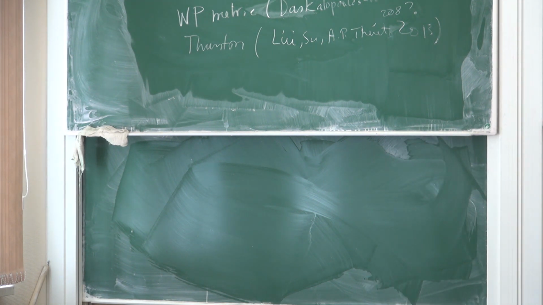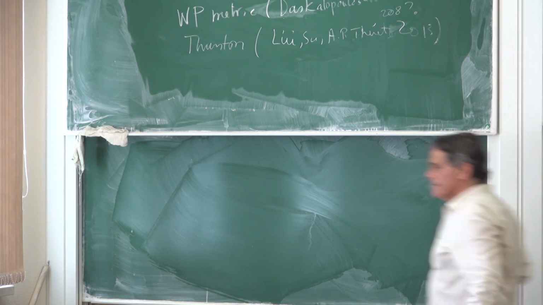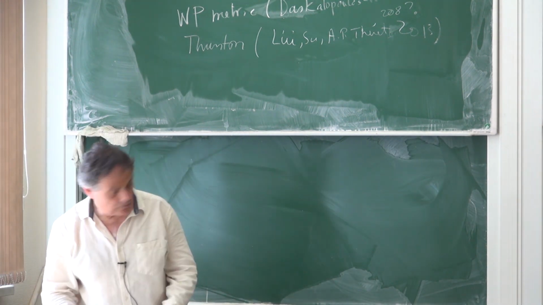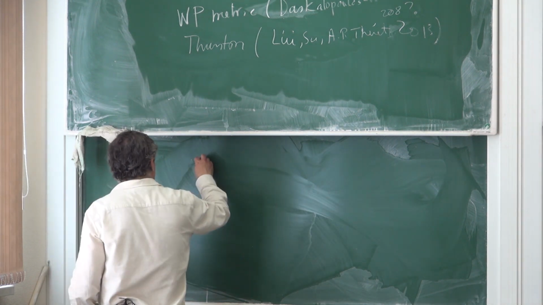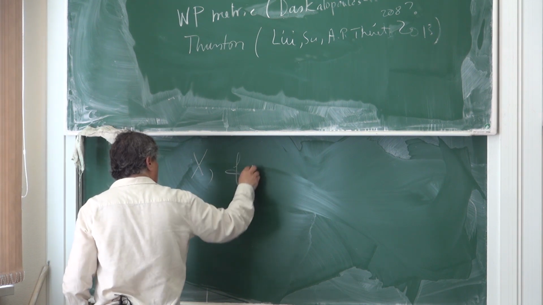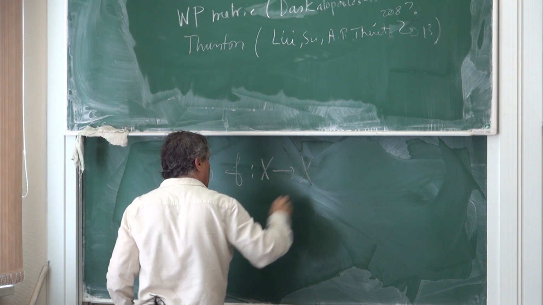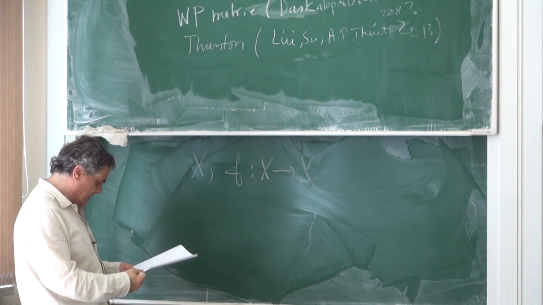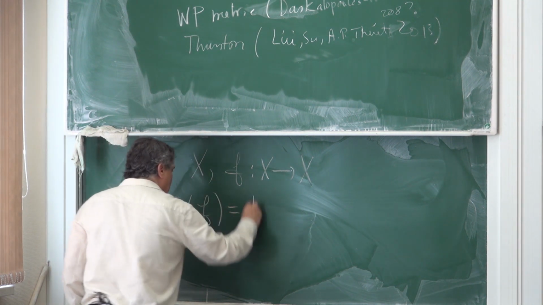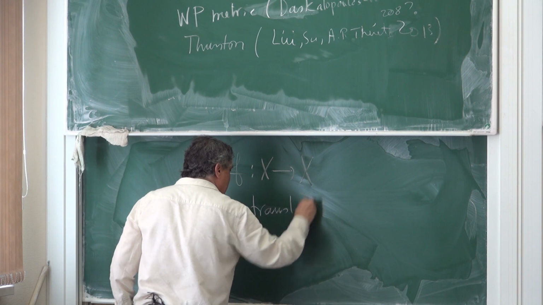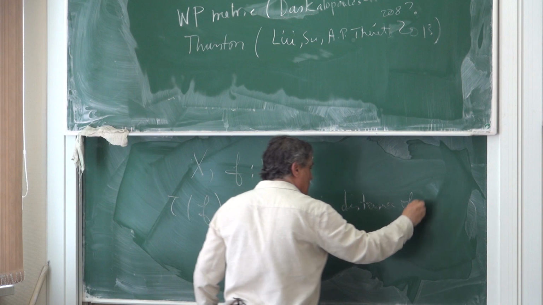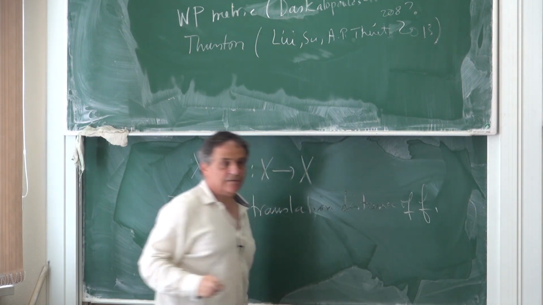You have a metric space, say X, and then you have F, a homeomorphism of the metric space, and then you define something which is tau of F, called the translation distance of F.